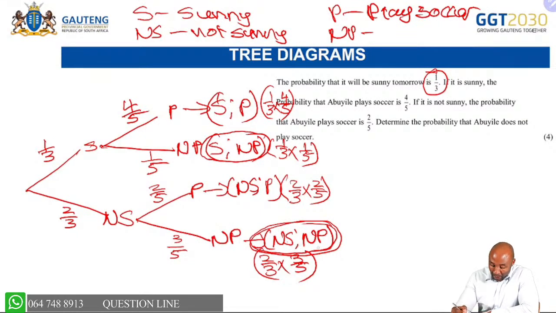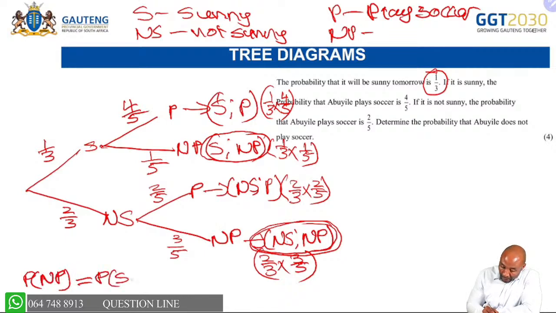So the probability that he does not play will be given by the probability that it is sunny and not play, plus the probability that it is not sunny and he does not play, which will be given by the product.